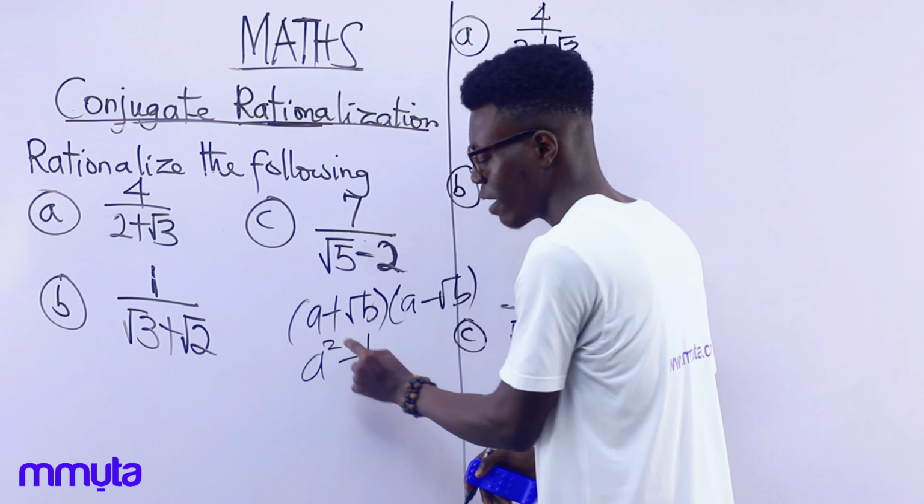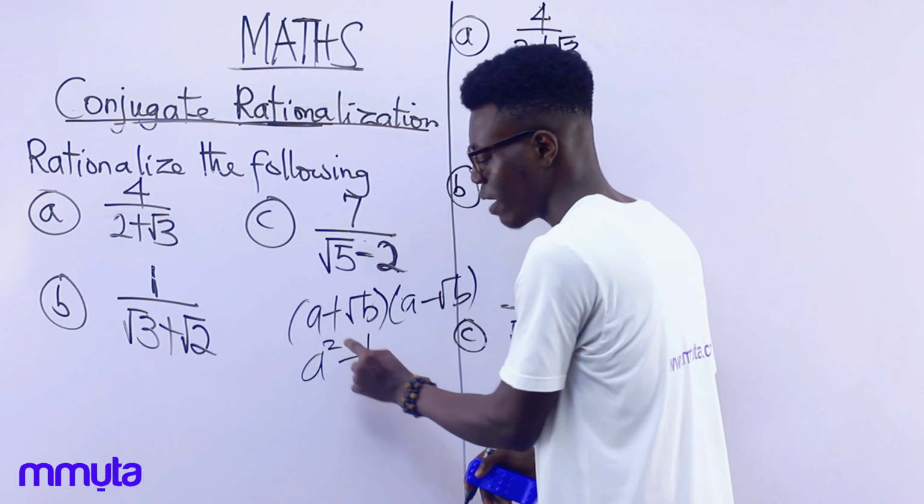Alright. The second one, we have 7 over root 5 minus root 2. The conjugate of this, because minus is here, the conjugate is going to be plus. In the same way, the conjugate of a plus is minus. So we are multiplying with root 5 plus 2 over root 5 plus 2.